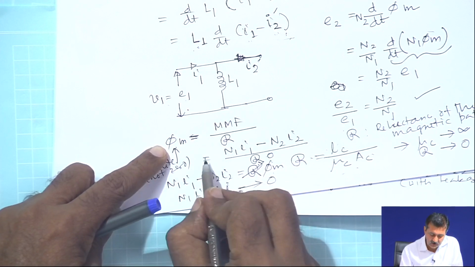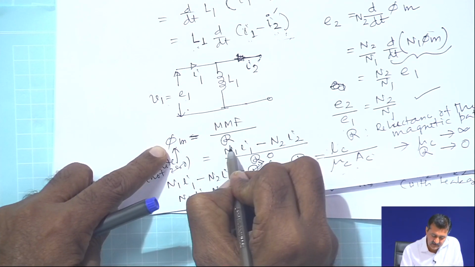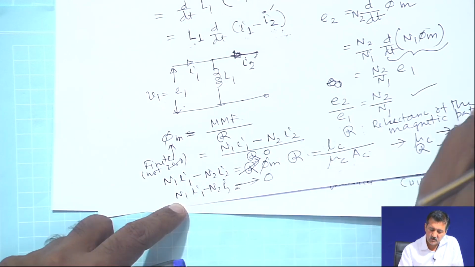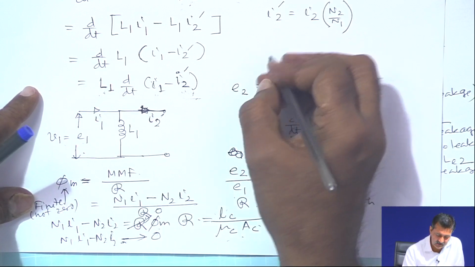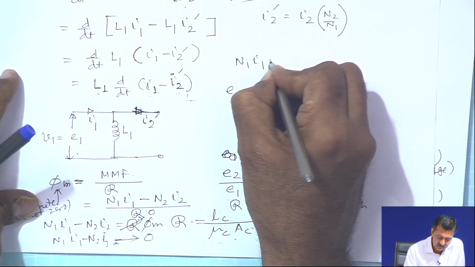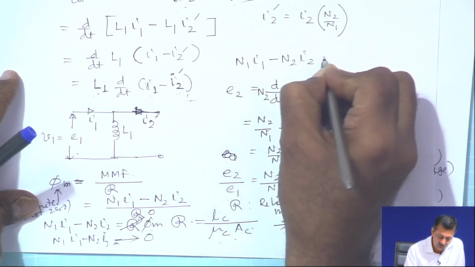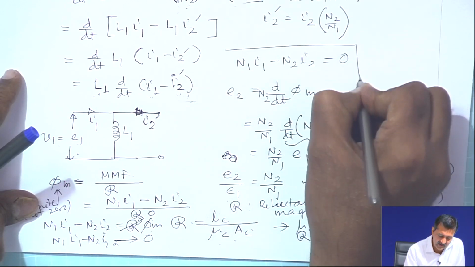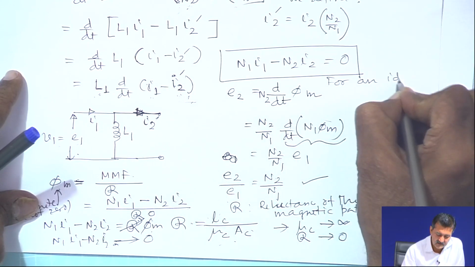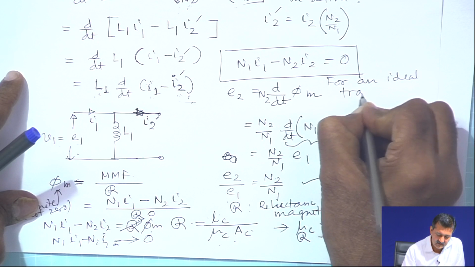How can it be 0 then? Obviously by reluctance. If reluctance tends to 0, then the MMF balance tends to 0. So, we are getting a very important criterion, that N 1 I 1 minus N 2 I 2 is equal to 0 for an ideal transformer.